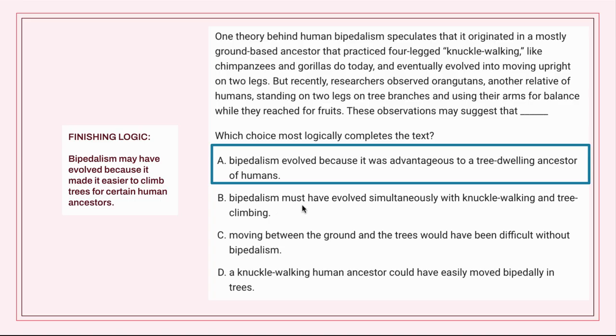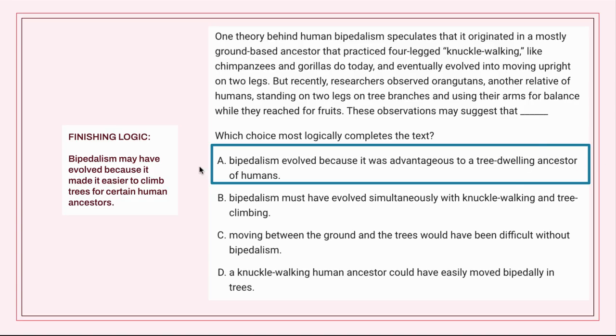So B: bipedalism must have evolved simultaneously with knuckle walking and tree climbing. Okay, well, it is talking about how bipedalism evolved, which is good. But this means that bipedalism, knuckle walking, and tree climbing all evolved at the same time alongside each other. But this is wrong, because I think the first part is saying that at first, not people, these gorillas walked with knuckle walking on four legs.